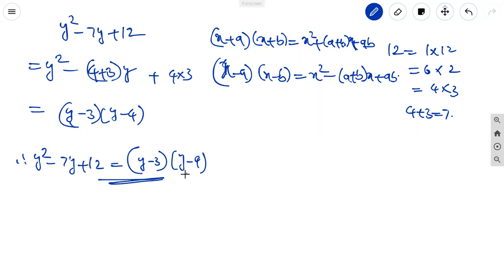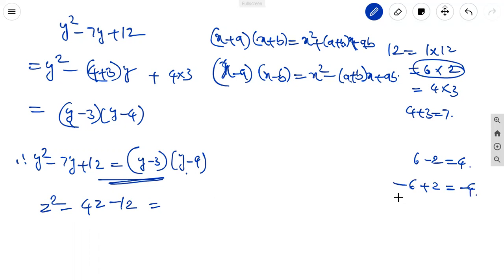These are the factors we can split by the form of any suitable identity. The another one is z square minus 4z minus 12. Here also 12 factors: 6 twos are 12, 6 minus 2 equals 4. So we can take minus 6 plus 2 equals minus 4.